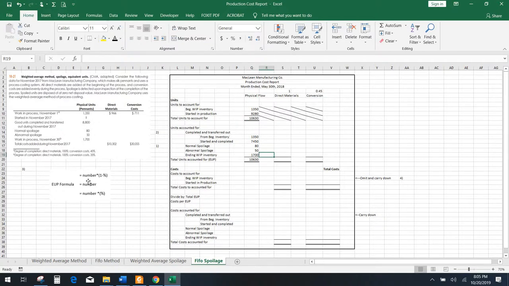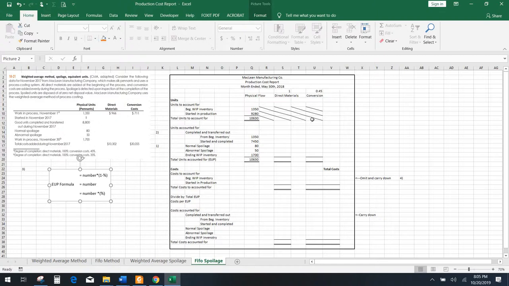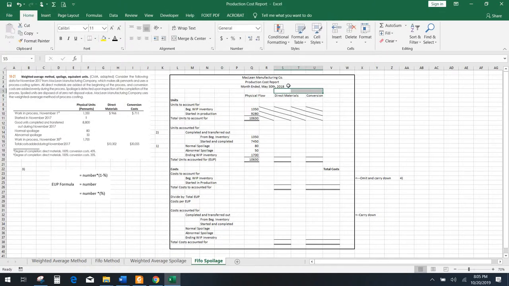The second part is now we have to calculate the EUP using this formula. So what I like to do is place the degree of completion for the beginning work in process here at the top, and then I like to place the degree of completion for the ending work in process down here at the bottom.